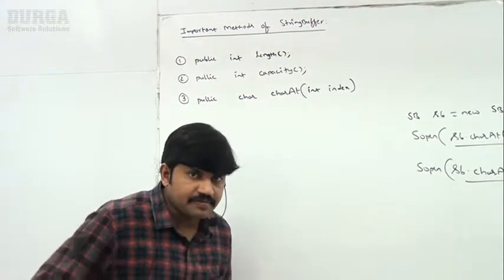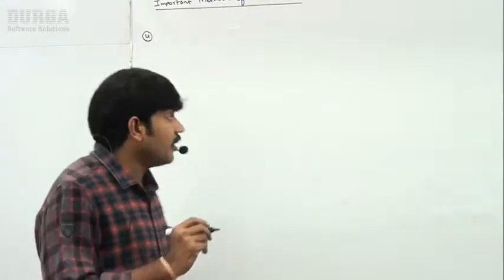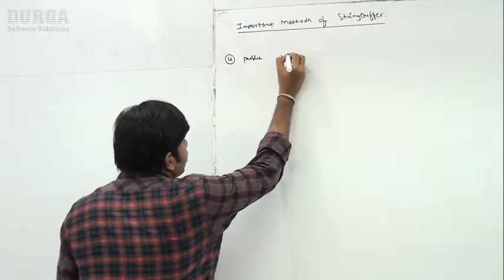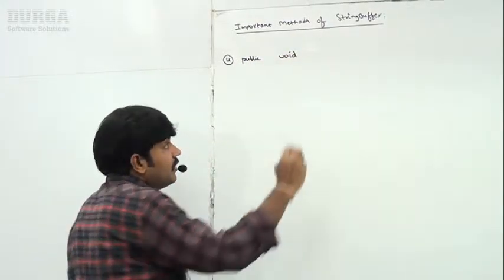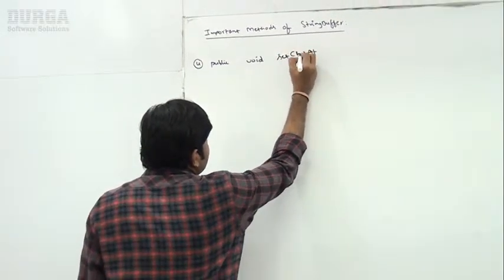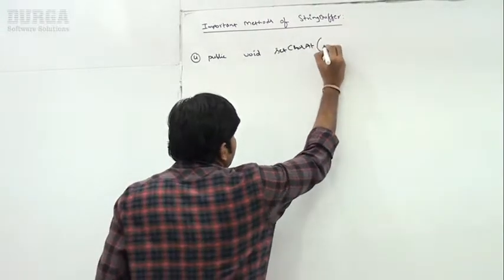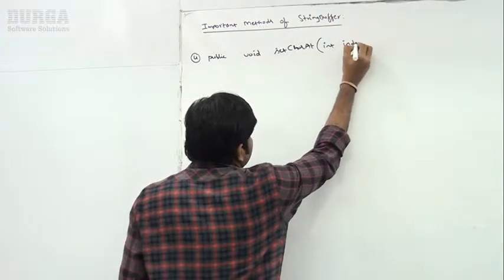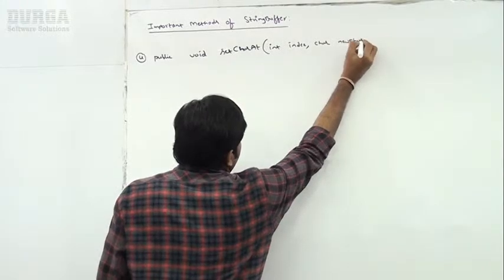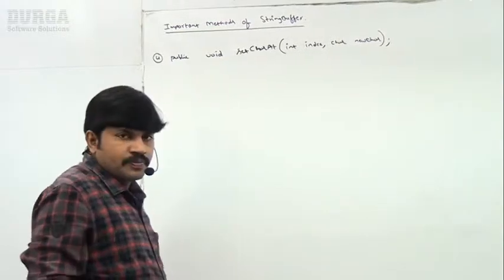You should be aware of these. The next important method related to StringBuffer, observe that. Here, public void setCharAt(int index, char newChar). The return type of this method is void. What is the meaning of this one?